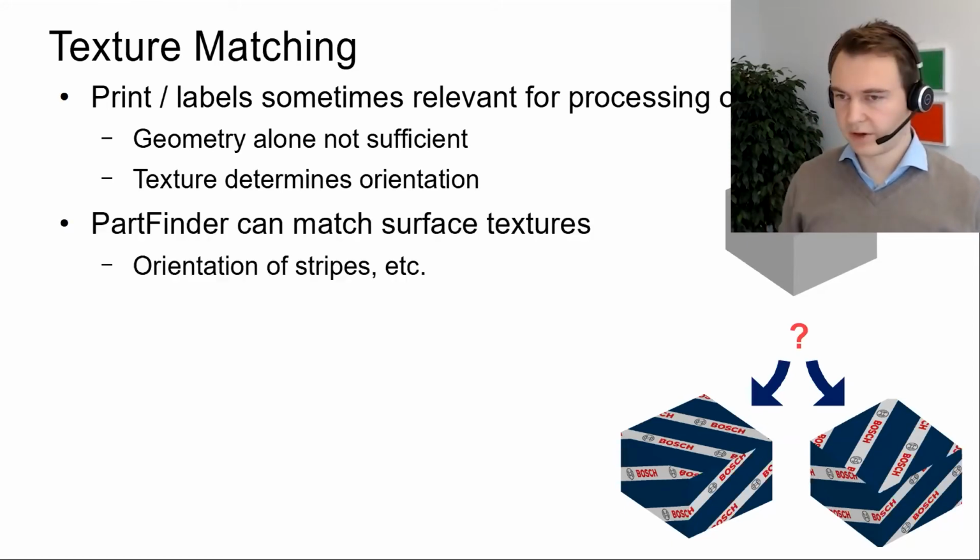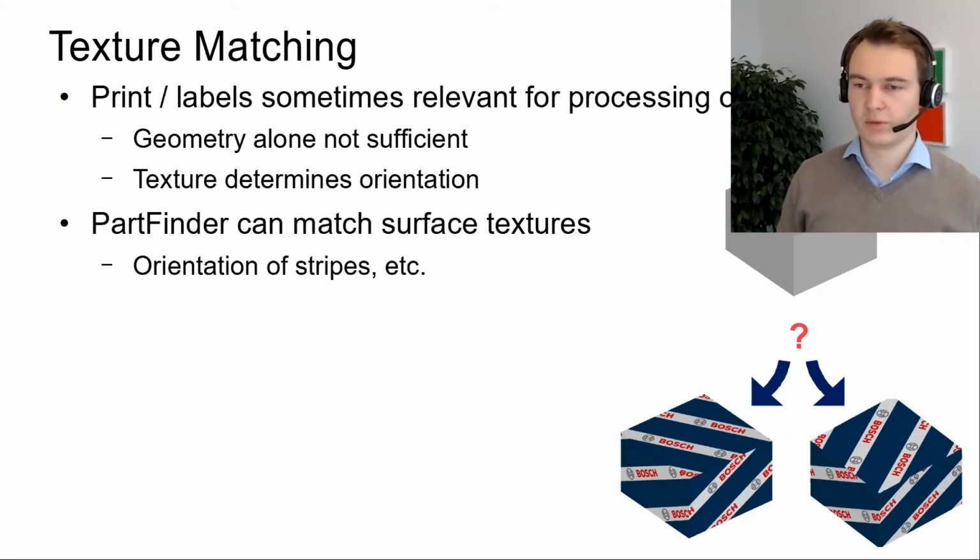And as PartFinder is template-based, we can actually account for these part textures in the search process itself. This is, for example, useful for getting the orientation of these stripes right on this box part. It could be used for aligning the orientation with some kind of labeling or other kinds of textures. I have to say that this is not able to do very sophisticated character recognition or anything like that.